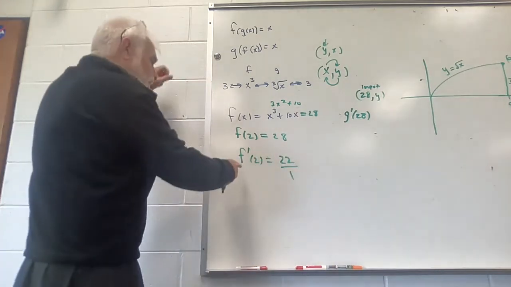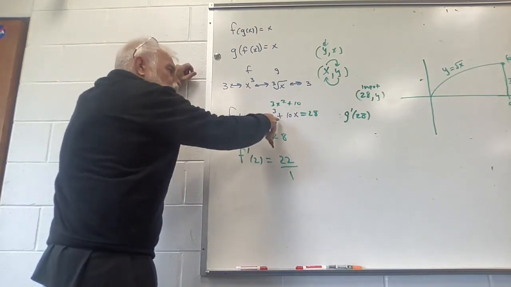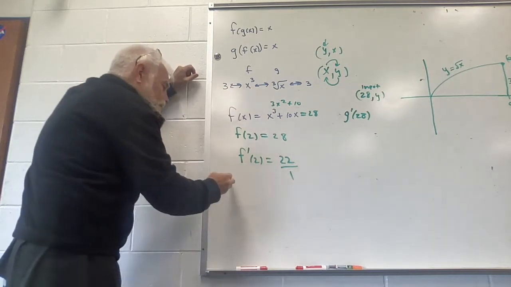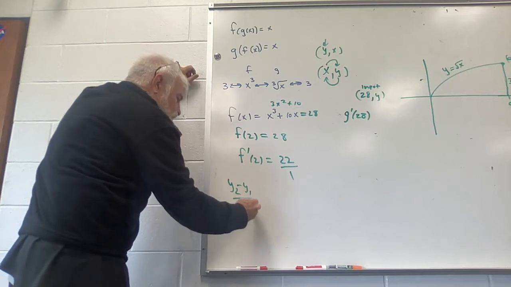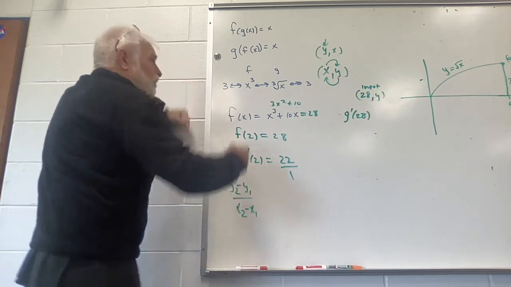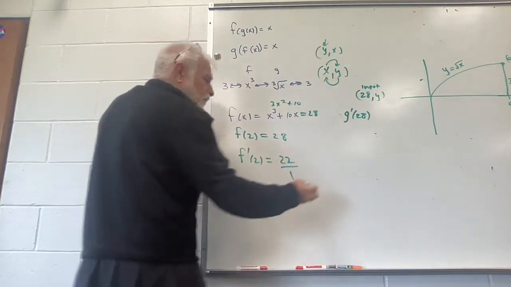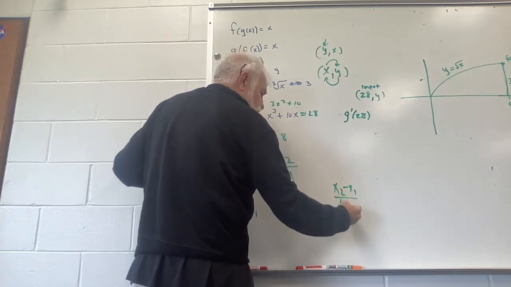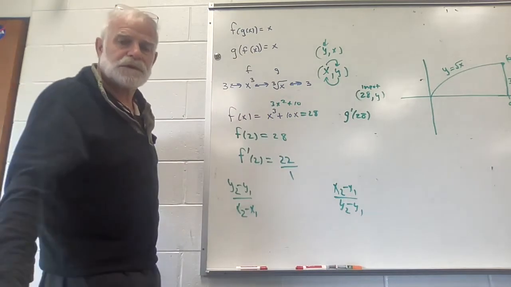Now remember, this is an expression of slope at the instant when x is 2 on this cubic function. So slope, y2 minus y1 over x2 minus x1. And keeping in mind that we switch the x's and y's means that the slope of the inverse is going to be x2 minus x1 over y2 minus y1, or stated differently, a reciprocal relationship.